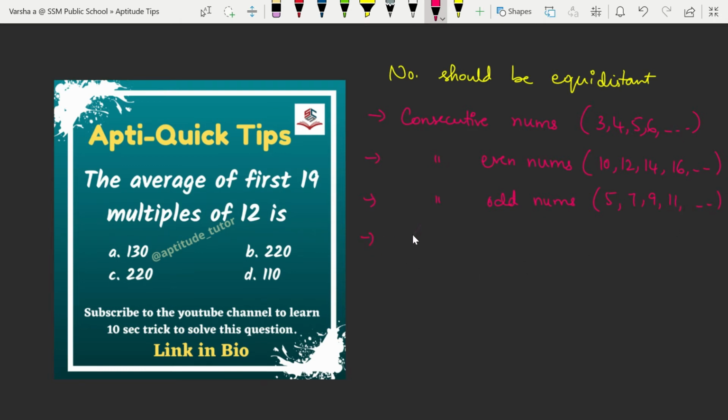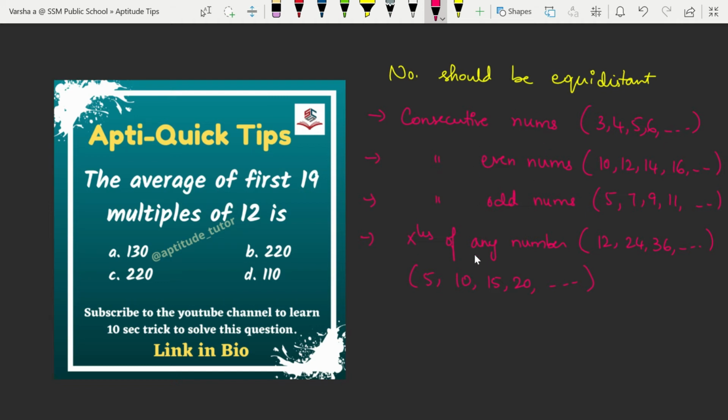Or multiples of any number, like multiples of 12 or multiples of 3, anything you can take. I'll take multiples of 5, and when I talk about multiples, it need not be from the first multiple, it can start from anywhere in between also.